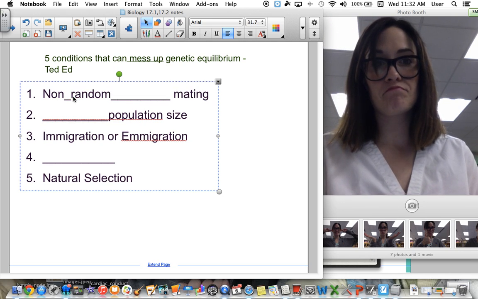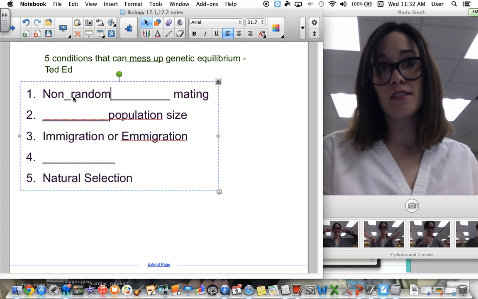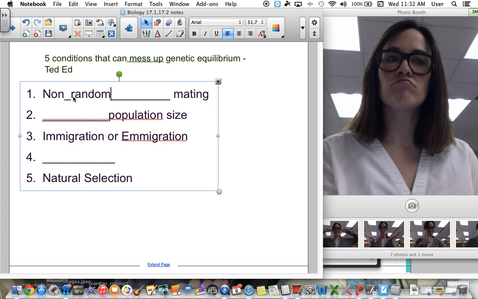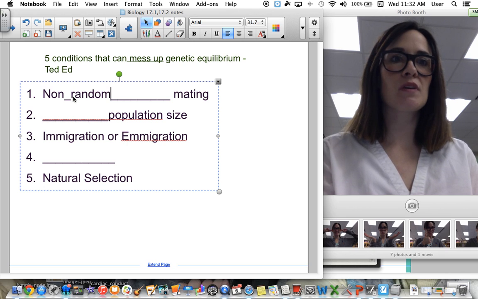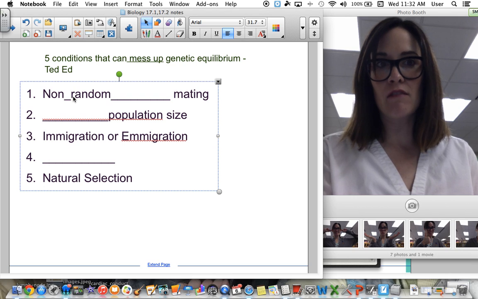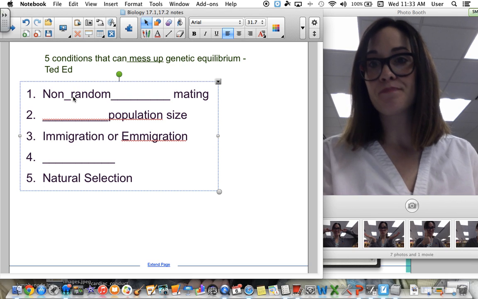Non-random mating, okay, that's saying if somebody else controlled who you're going to mate with. For humans it'd be like parents telling you who you're going to have children with. That would mess up genetic equilibrium.